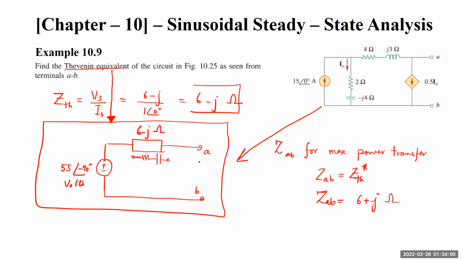So for maximum power transfer, your load must have a resistor and an inductor. The resistors must match each other, and the capacitors and inductors must match each other in such a way that their impedances cancel out each other in net effect.